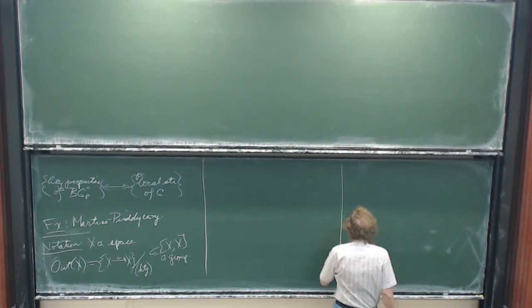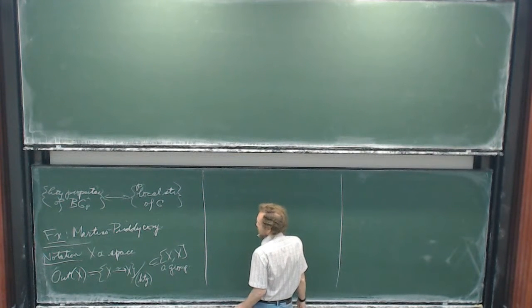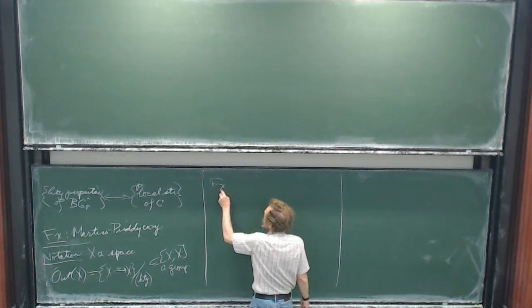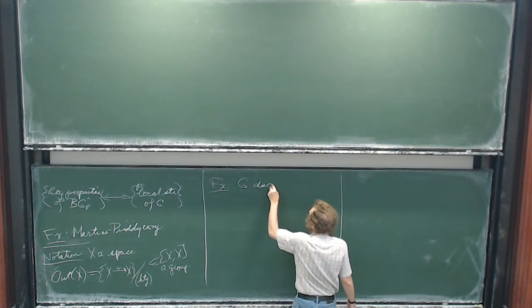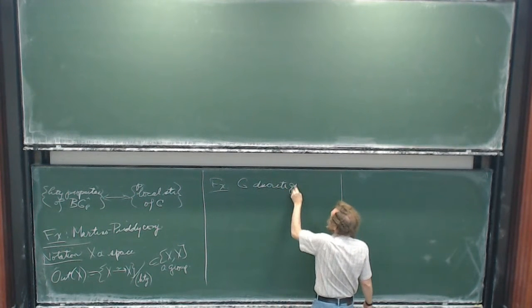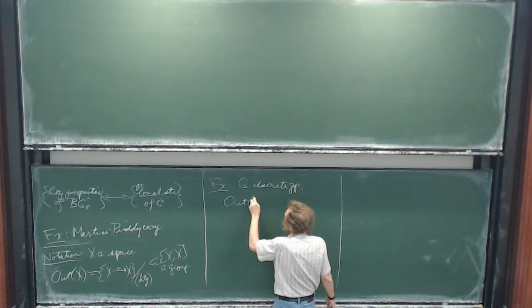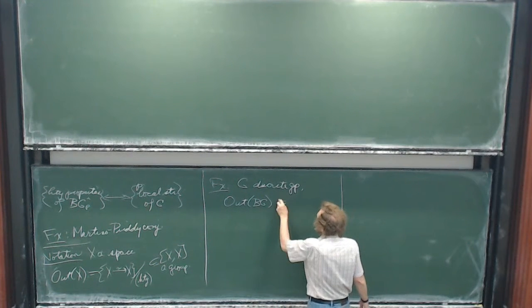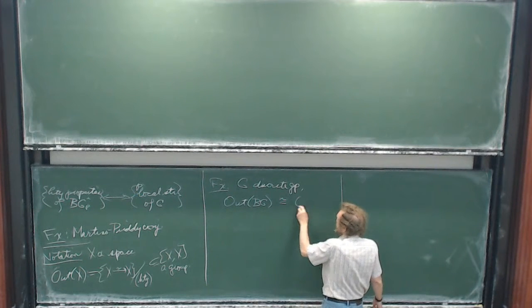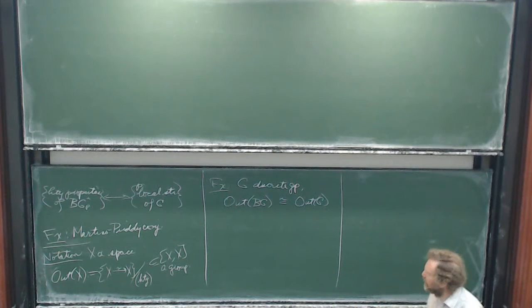And what's very elementary is that for G any discrete group, Out of BG p-completed, or the classifying space, is isomorphic to Out of G. That's closely related to things that I think Benjamin said this morning.